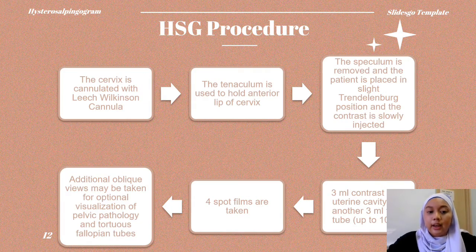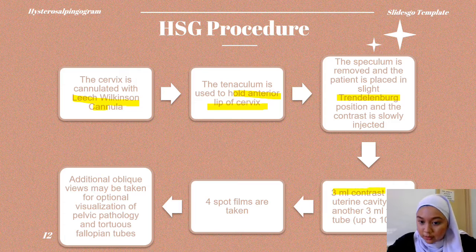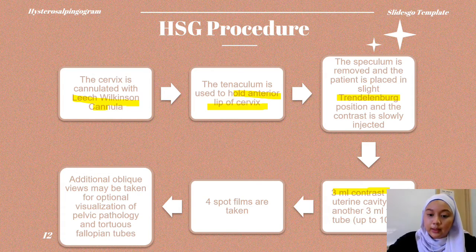Moving on. After that, the cervix will be cannulated with the Leech Wilkinson cannula, and then the tenaculum is used to hold the anterior lip of the cervix. Then the speculum will be removed and the patient will be placed in a slight Trendelenburg position and the contrast will be slowly injected. 3 ml of contrast media is injected into the uterine cavity and another 3 ml up the tube, so it will be up to 10 ml of contrast media in total.